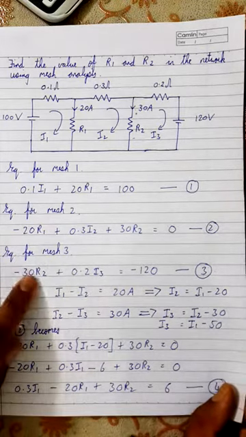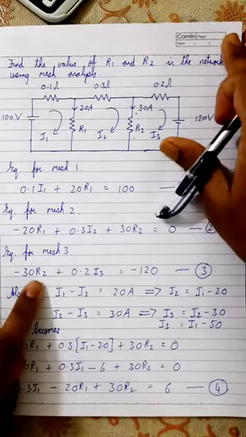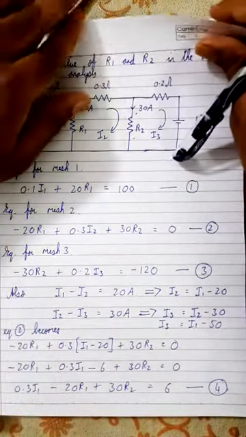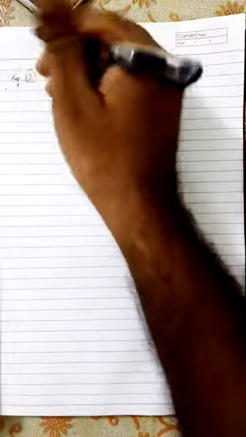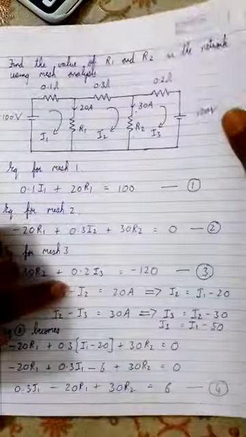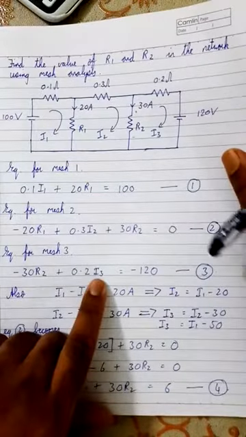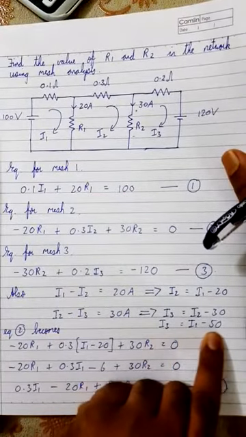Now, as for the other equation, for mesh 3 also, let me write it. Equation 3 becomes minus 30 R2 plus 0.2, and instead of I3 I will write I3 is equal to I1 minus 50.